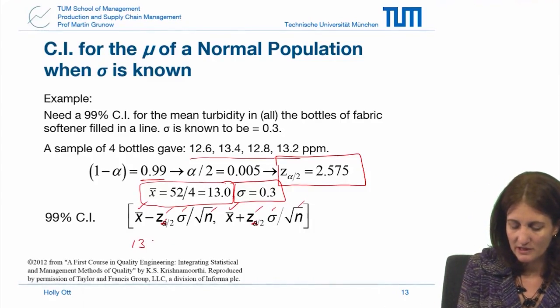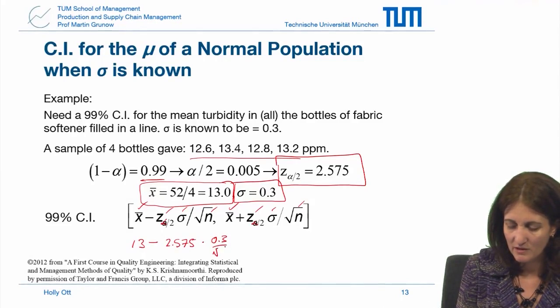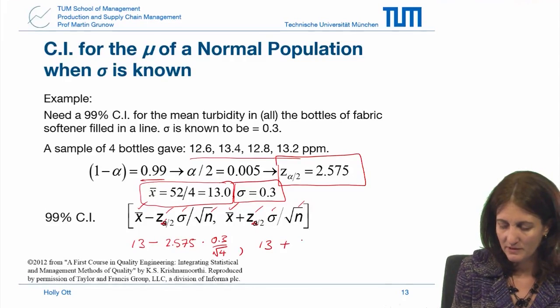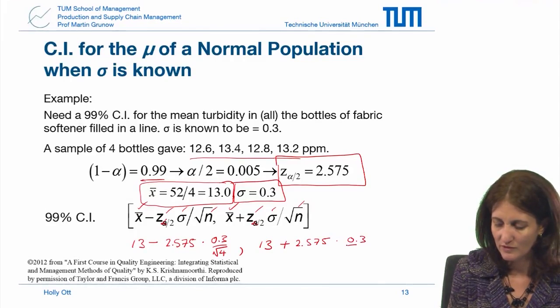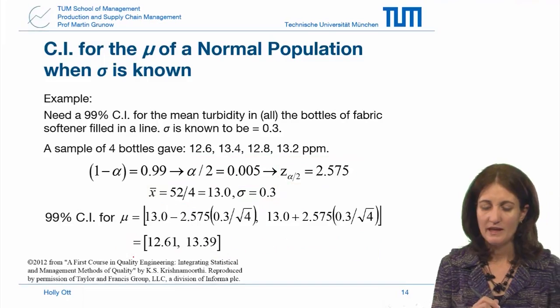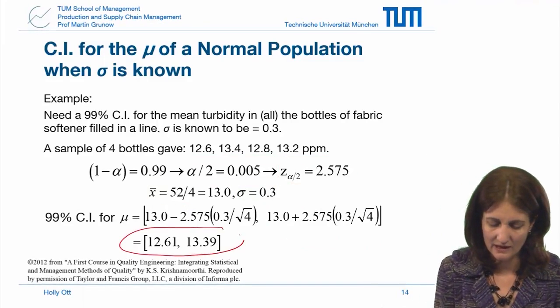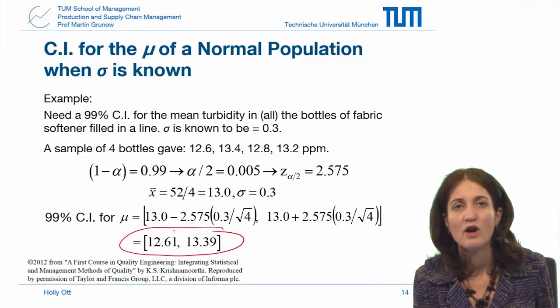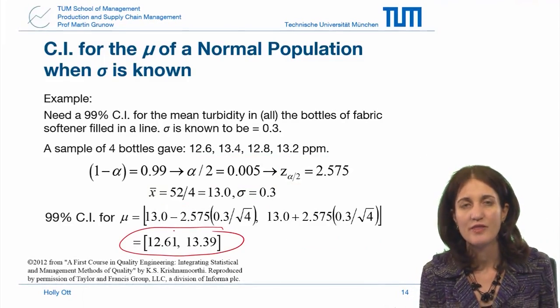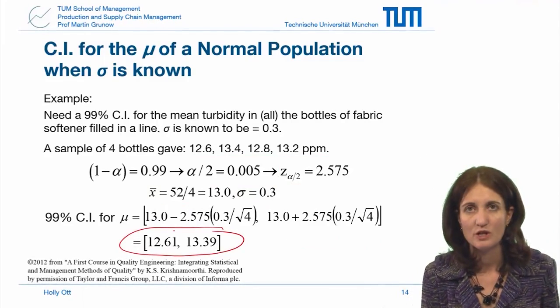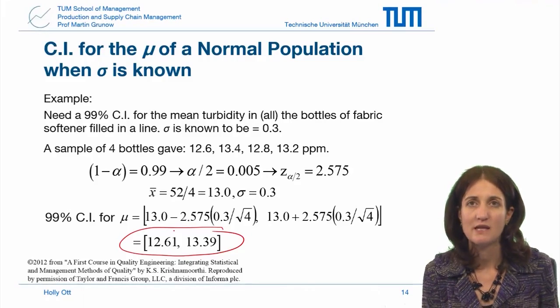So 13 minus 2.575 times 0.3 over the square root of 4, and 13 plus 2.575 times 0.3 over the square root of 4. If we look at that, we end up getting a confidence interval of 12.61 and 13.39 parts per million from this sample.